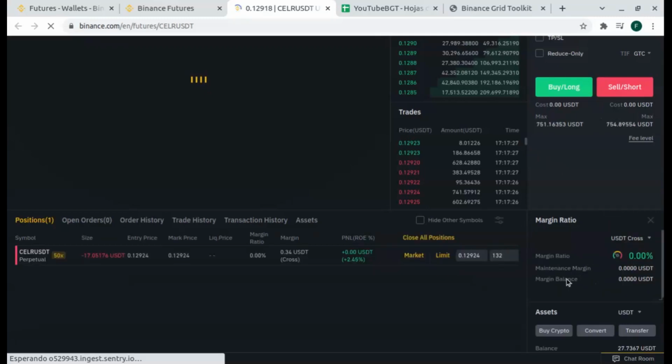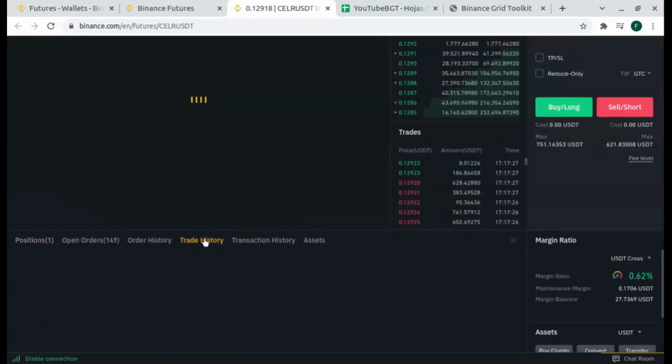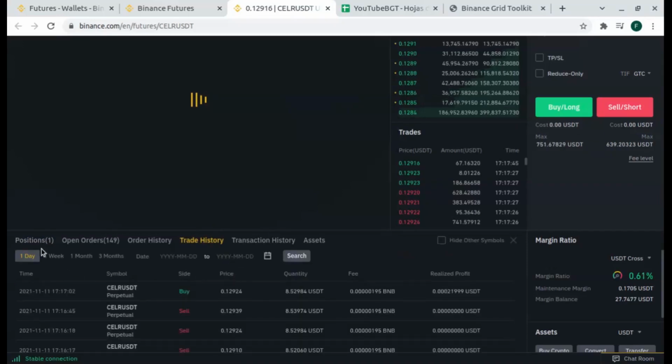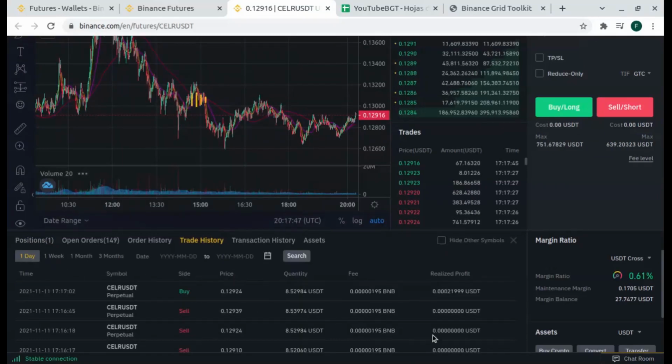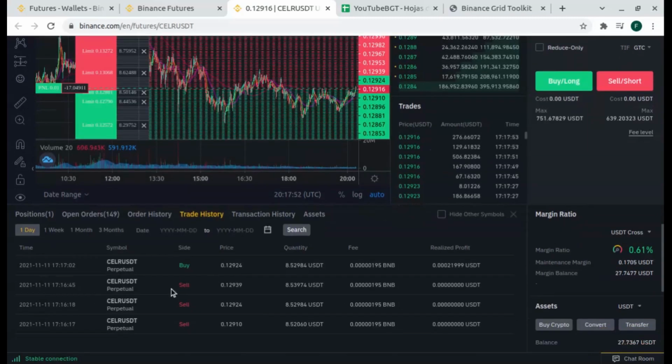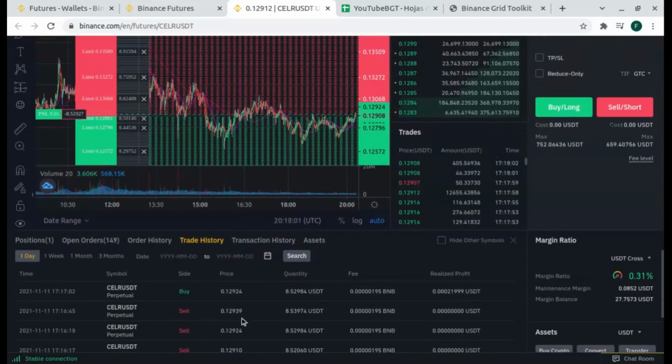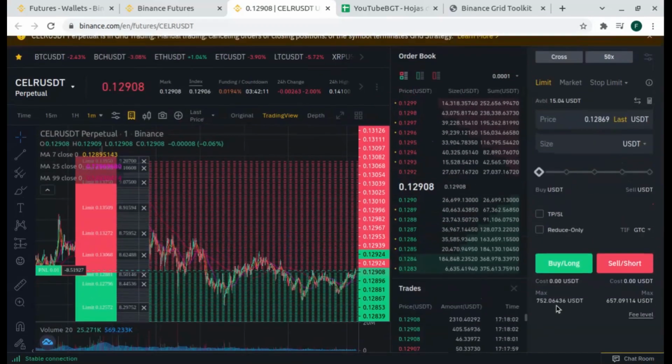And as we can see on the trade history, we have the history of the trades of this grid. You can check that now we have one buy order that was matched with a sell order, so we are already making some match profit.